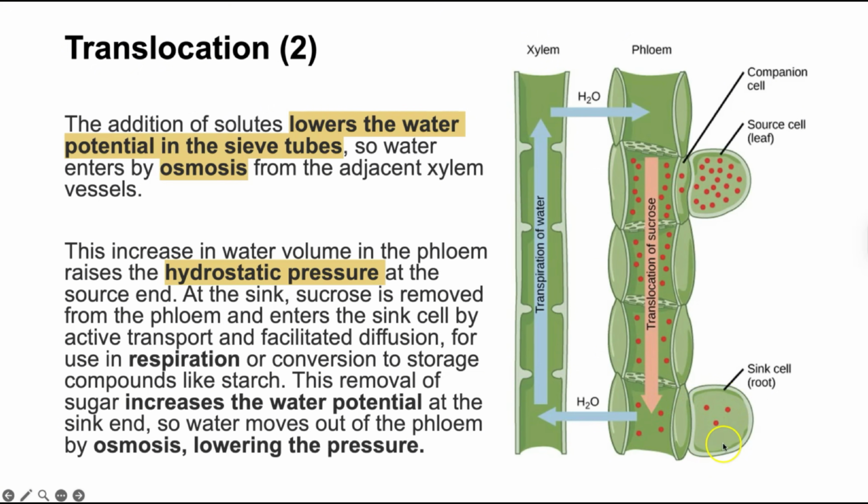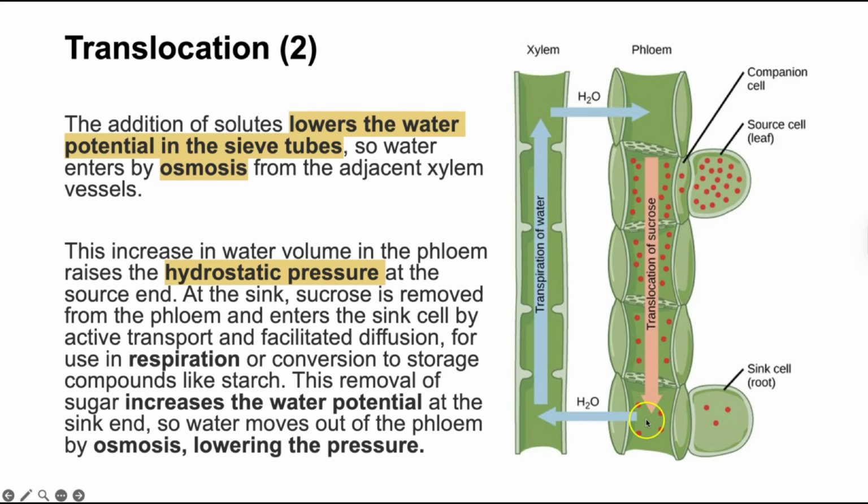And that is because at the sink cell, sucrose is being used up in respiration, and therefore we're going to have sucrose from the phloem being transported into the sink cell, initially by facilitated diffusion, but when the concentration gradient is equal, you have equilibrium, you'll then have active transport of the sucrose from the sieve tube element into the sink cell. But either way, that means you have less sucrose here.